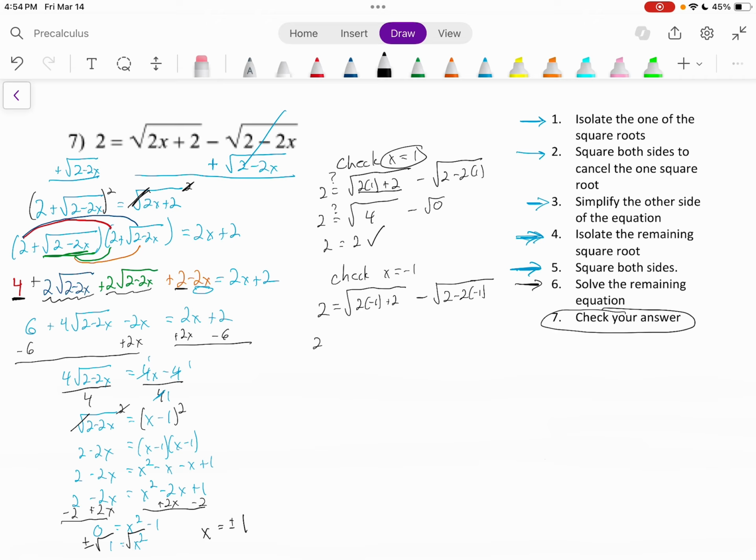Here we have negative 2 plus 2 is 0, minus the square root of 2 plus 2, which is 4. So we have 2 is equal to negative 2. Is that correct? Well, no, of course it's not correct. So negative 1 is not one of our answers. So x equals 1 is the solution for this equation.